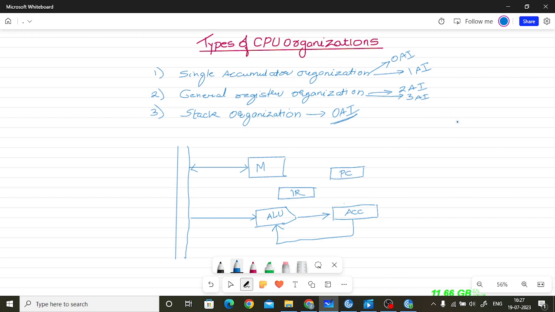So what are the phases of an instruction? First, the instruction is fetched from memory. Second, it is decoded. Third, according to the result of decoding, the instruction is executed.